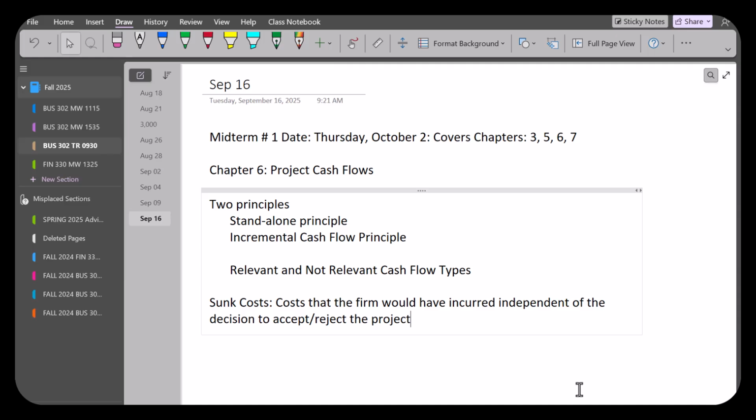Based on those, you're going to make projections about sales, costs, and that sort of stuff. But once you pay them that money, this is before the stage of making the decision. That money is paid. And whether you accept the project or not, it's not coming back. So that's a sunk cost. Obviously, sunk costs are not relevant for us.